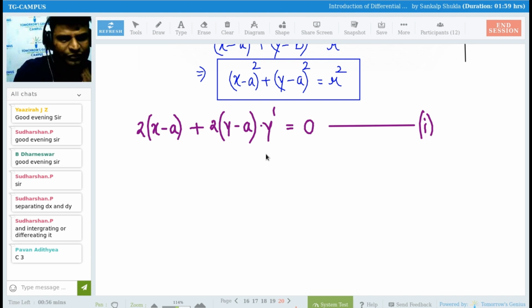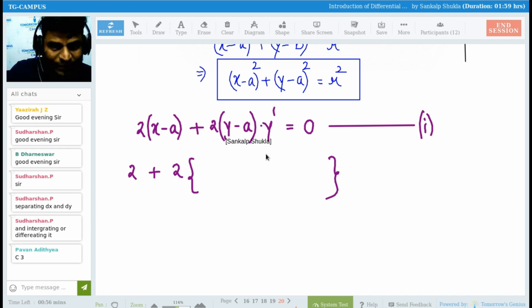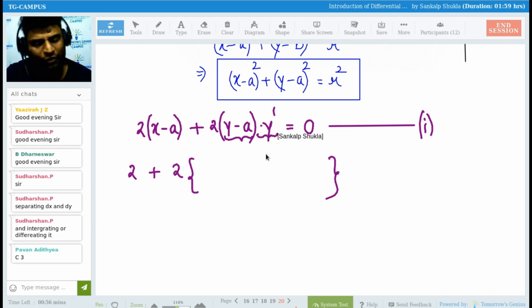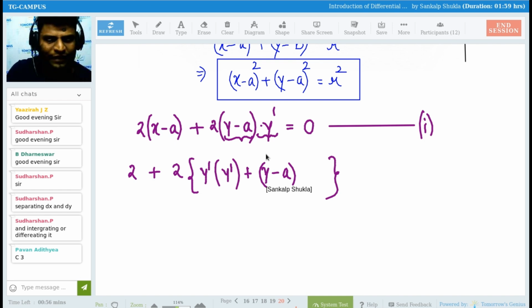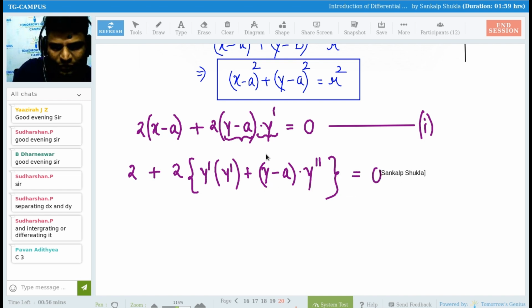So what will be the derivative? 2(x minus a) gives 2, plus, now we have to take 2 as common. Now (y minus a) into y dash, how are we supposed to differentiate it? We have to use the UV product rule over here. So we take y dash as common, and then the derivative of (y minus a) is y dash minus 0, plus now we take (y minus a) and write the derivative of y dash, that is y double dash, is equal to 0.